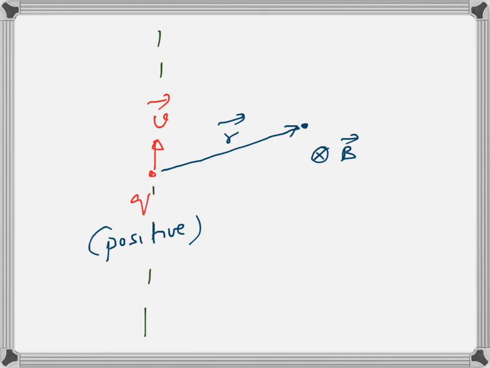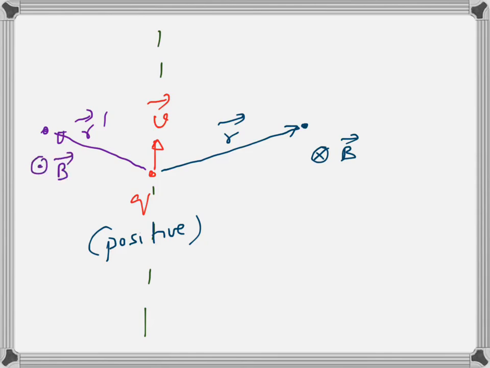Whereas if you take any point on the left side, which I am showing in purple, suppose you take a point here and draw its position vector r bar. Now V cross r bar is outward. So here the magnetic field will be out.